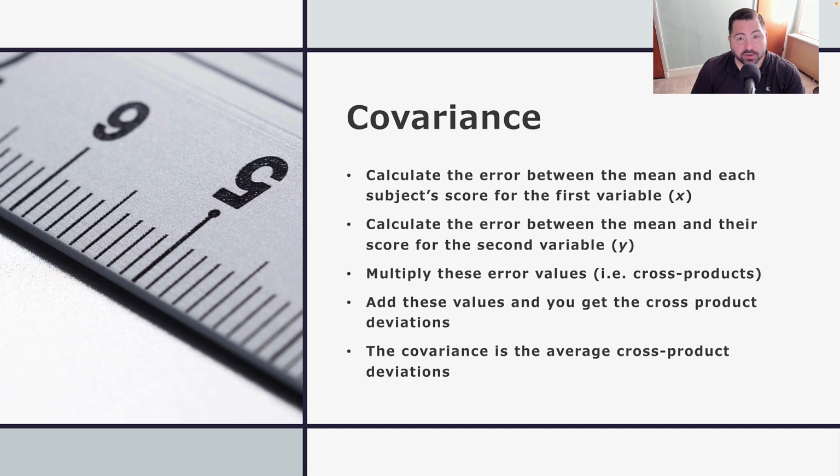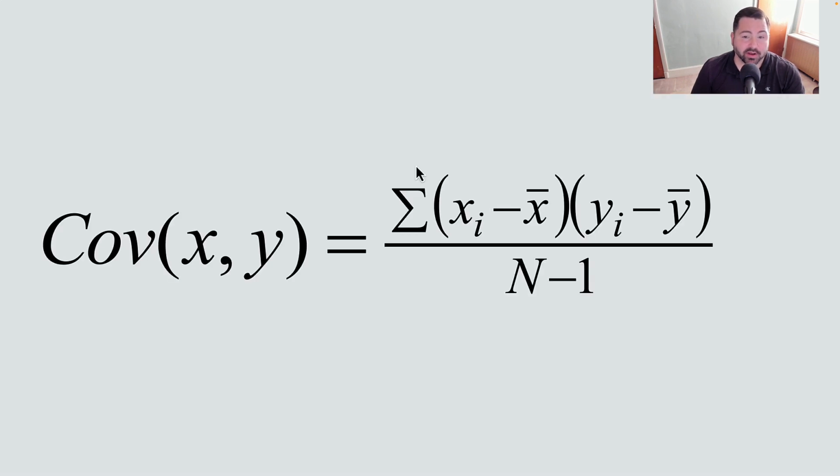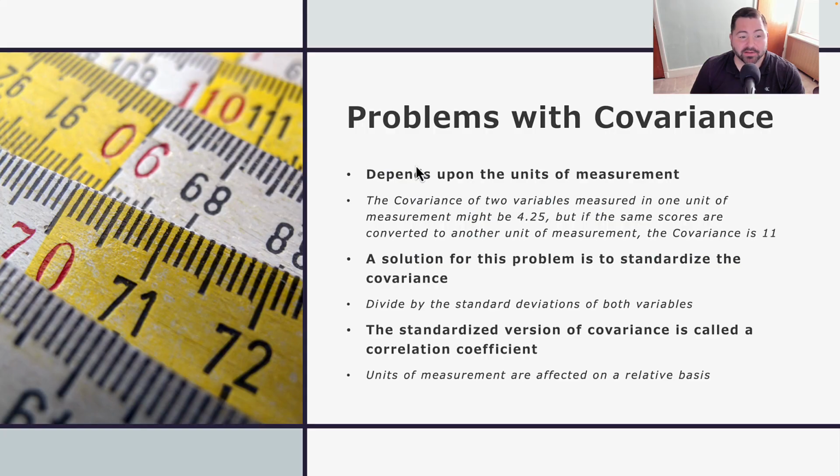And then, once you have the sum, you can determine the average of the cross products, which is what covariance generally represents. And so if you take a look at this formula, the cov, C-O-V, represents the covariance of X and Y, and it is simply the sum of the cross products divided by n minus 1.